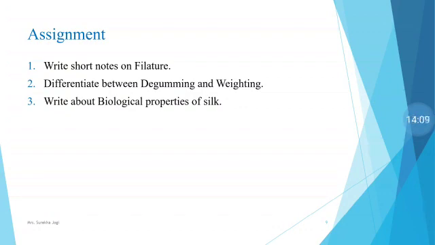Then degumming is done to bring out the natural luster and smoothness of silk, and wetting makes the silk fabric crisp and improves its draping quality. Then what is used for degumming and what is used for wetting? Which reagents are used?